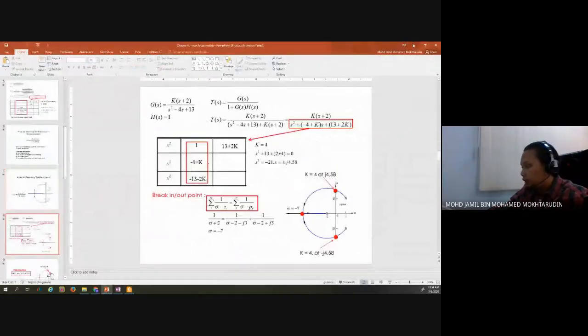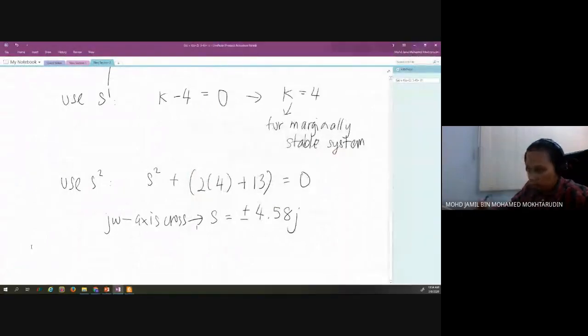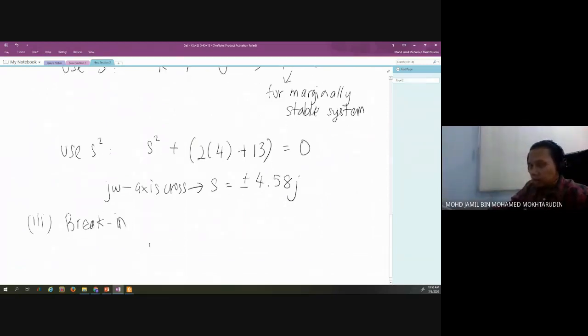Okay, after that, question B asks you to determine the breaking point. So rule number 3, breaking point. So you need to use the formula sum of 1 over s minus poles equals sum of 1 over s minus zeros.